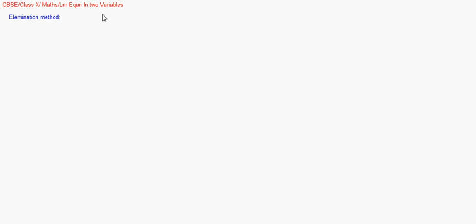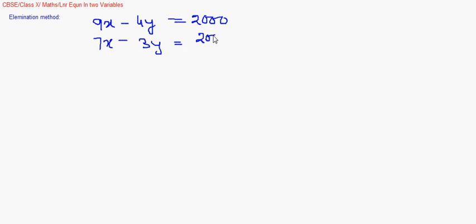It says 9x minus 4y equals 2000, and 7x minus 3y equals 2000. Now we would look forward to eliminate either of these given variables.